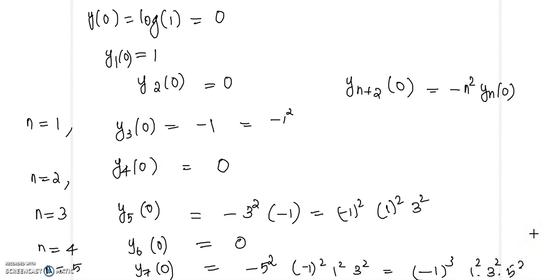So this is the form in which we are getting. The even values will be 0 and the odd values will take this form.